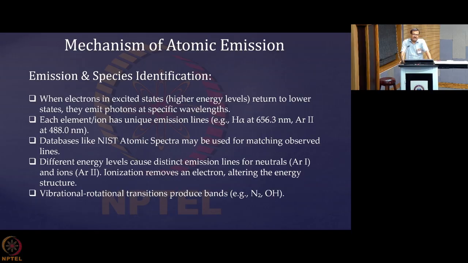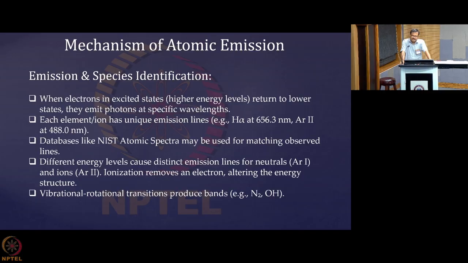So whenever you are observing a set of spectral lines and you try to match them with the database, you will see that they match with a particular atom's emission lines. Just by comparing and matching that, you can identify which atom or molecule is emitting those lines.